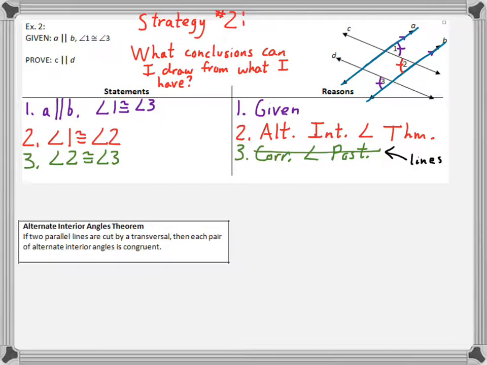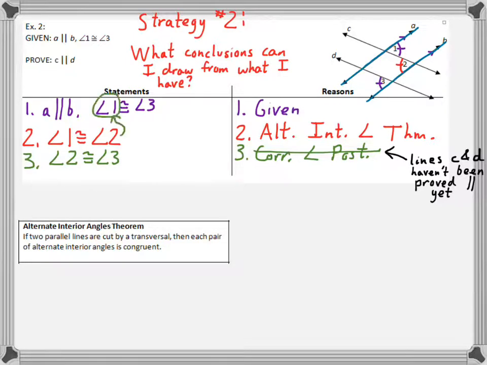But you can't say that. That's because lines C and D haven't been proven parallel yet. The corresponding angle postulate would require that we know that lines C and D are parallel, because that would be part of the if part of the statement.